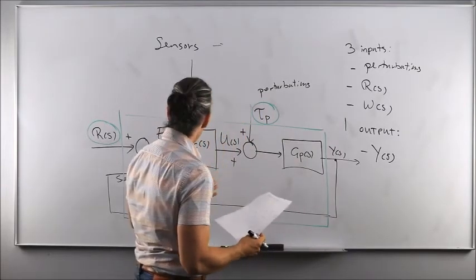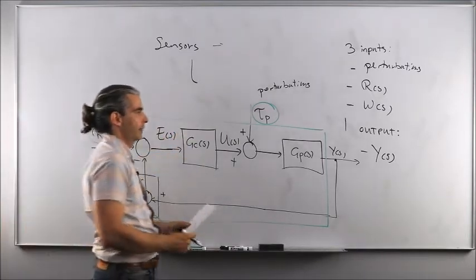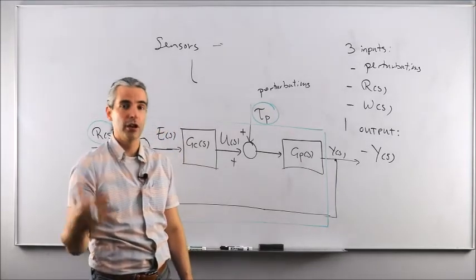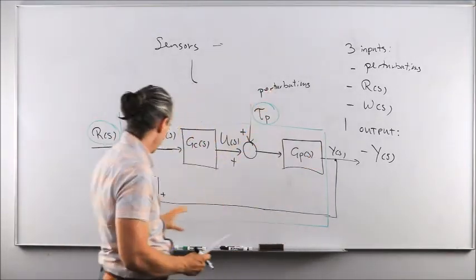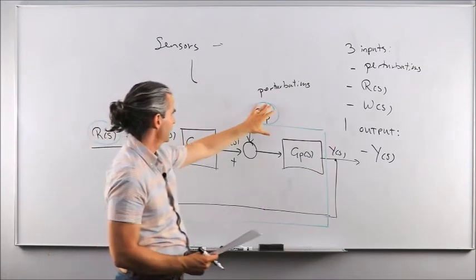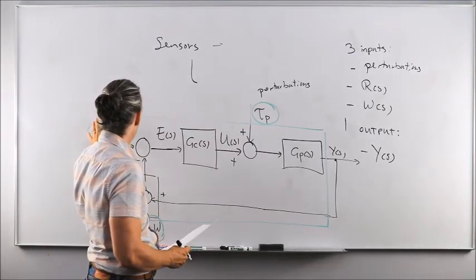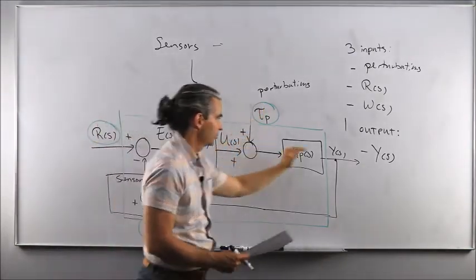So the question becomes, how those 3 inputs affect the output of the system, or what would be the relative contribution of, say, perturbations on the output with respect to these other 2? Would this overpower sensor noise, or would this be overpowering perturbation torques in terms of contribution to output?